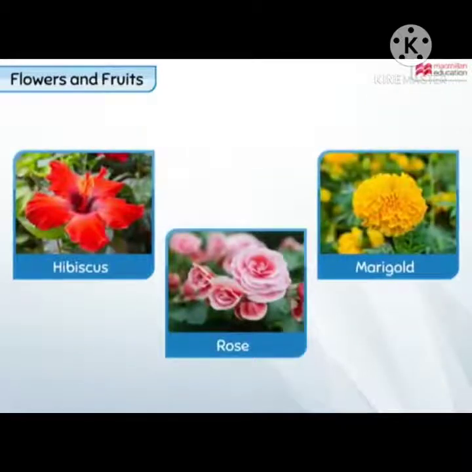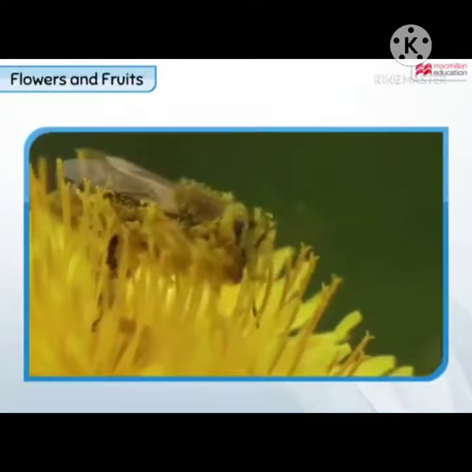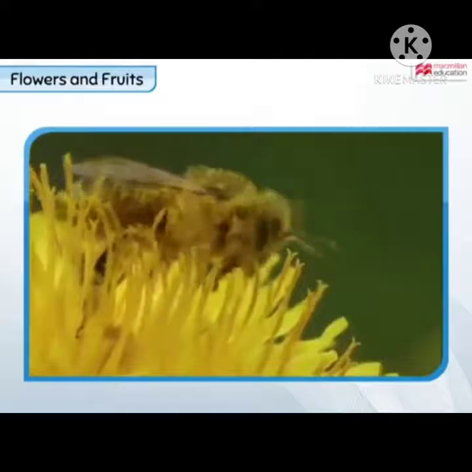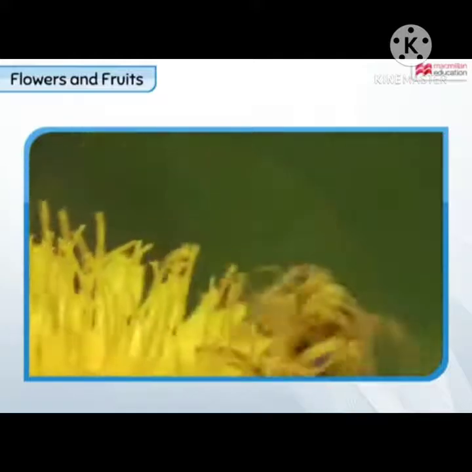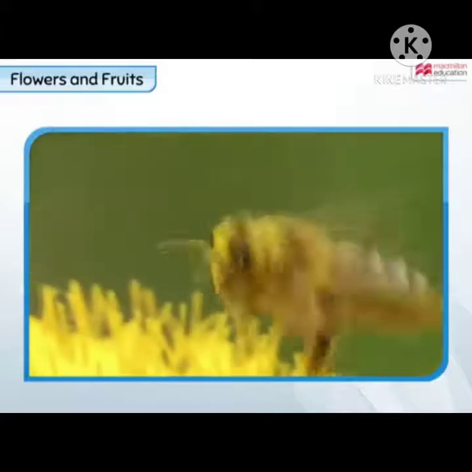Different plants give rise to flowers of various shapes, sizes and colors. Many flowers have a sweet juice called nectar inside them. Insects like butterflies and bees feed on nectar for food. And do you know what bees do with the nectar?